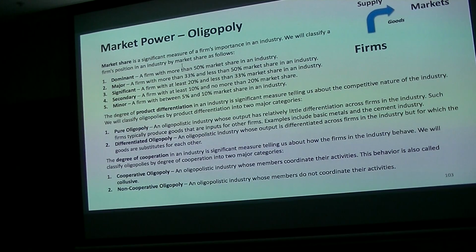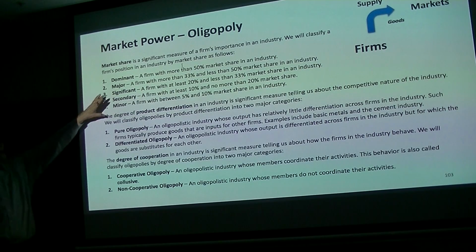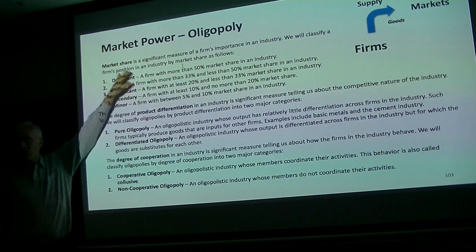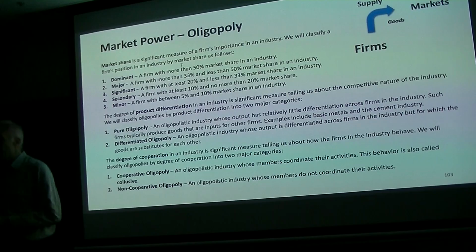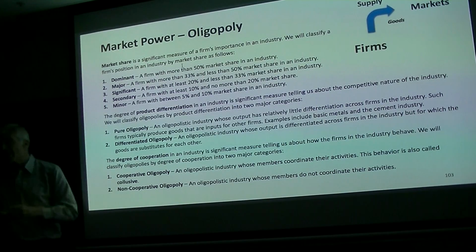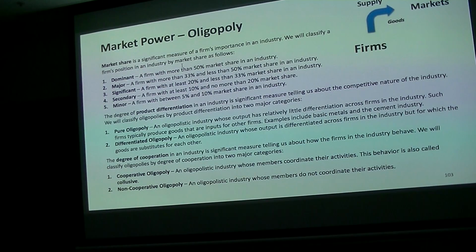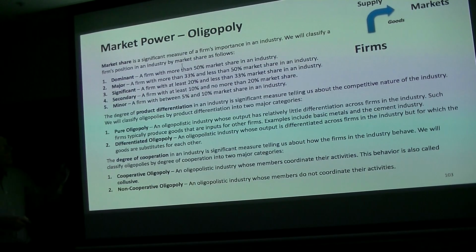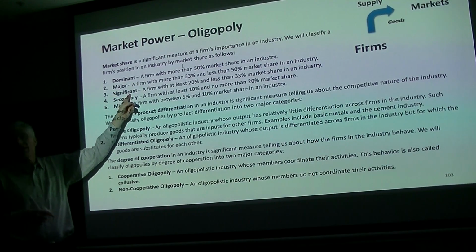The other thing that this allows us to do is say the kind of competition, the relative competition, in an industry. Does the industry have a dominant firm? Or does it have a major firm? Maybe it even has just a significant firm.